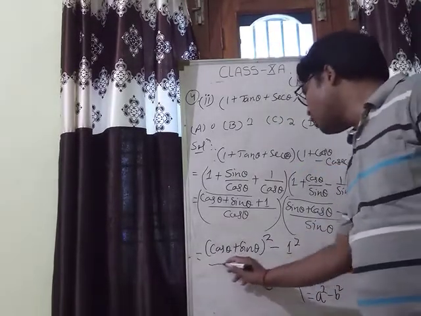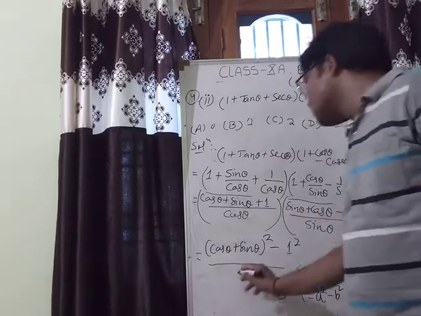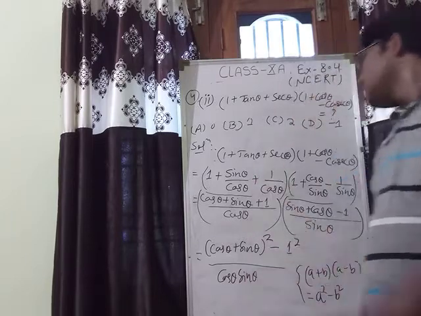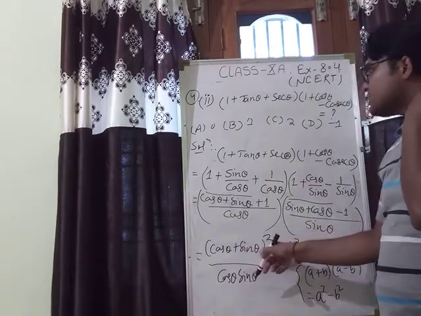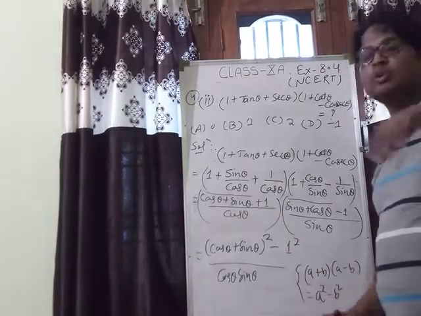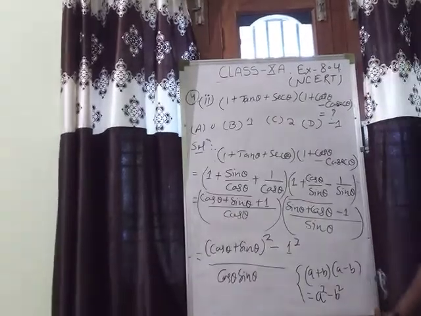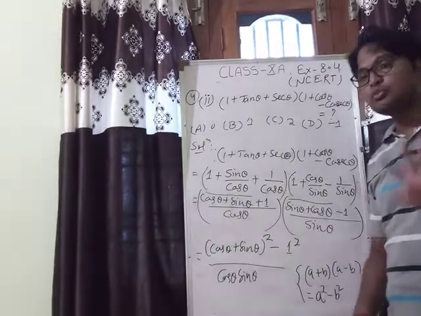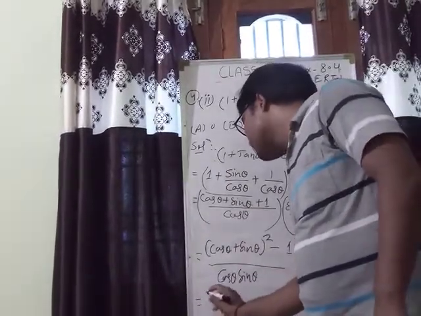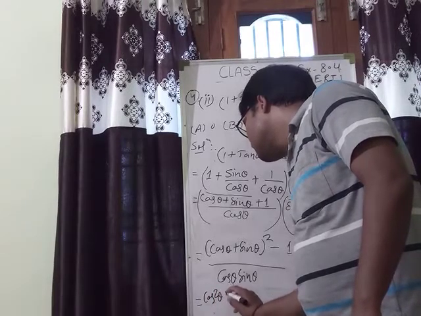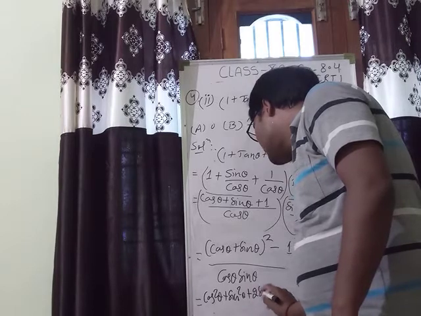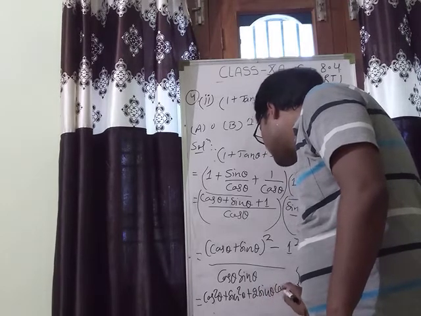Okay? Upon this is sin theta into cos theta. Now you can see this cos theta plus sin theta whole square is the identity a plus b whole square. A plus b whole square is equal to a square plus b square plus 2ab. So we can expand this. It will be cos square theta plus sin square theta plus 2 sin theta cos theta.